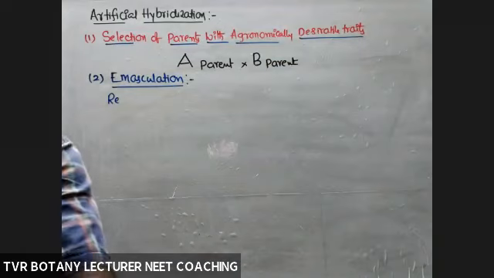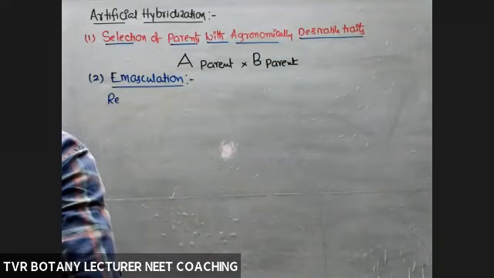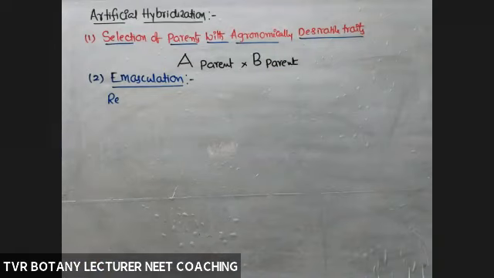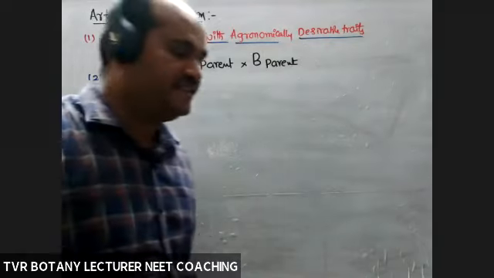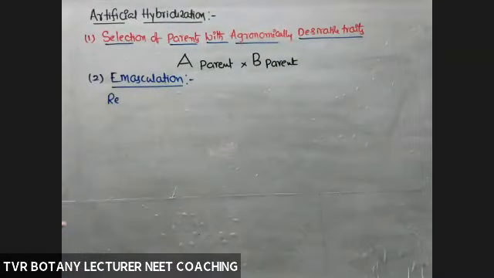So we are within emasculation. What is emasculation? Removal of androecium, or microsporophylls, or stamens from the bisexual flowers.